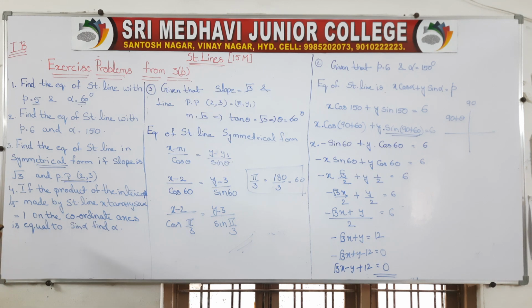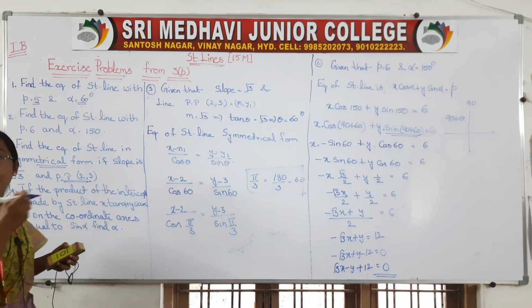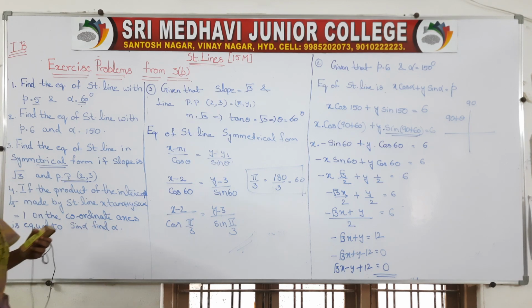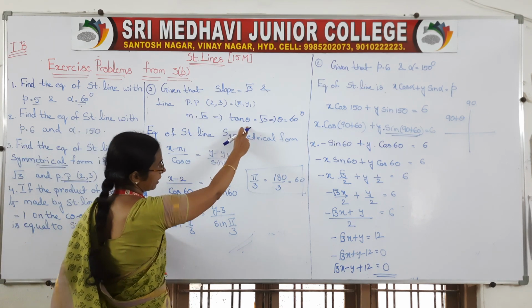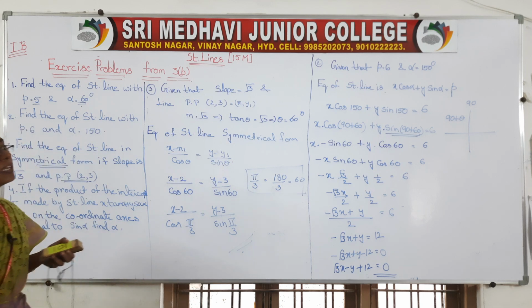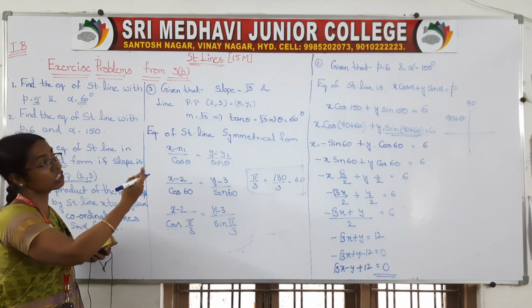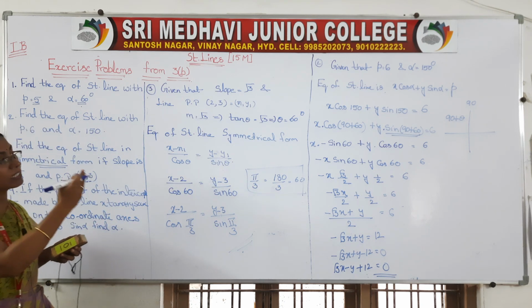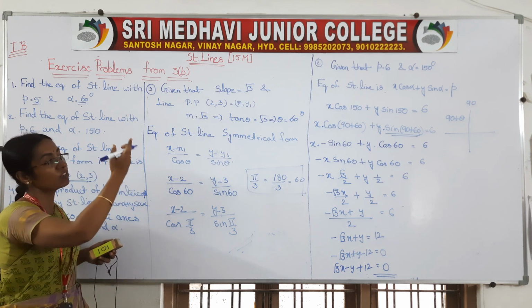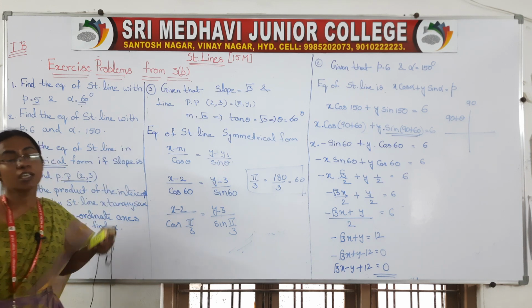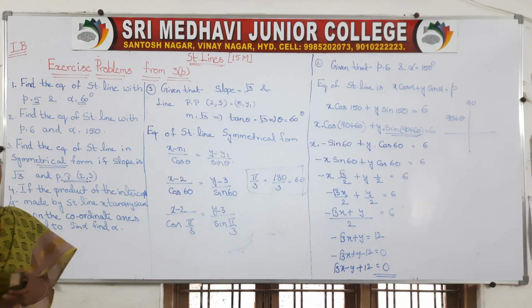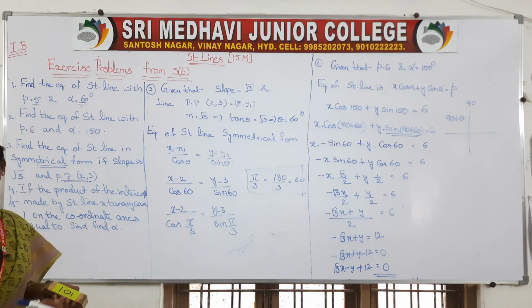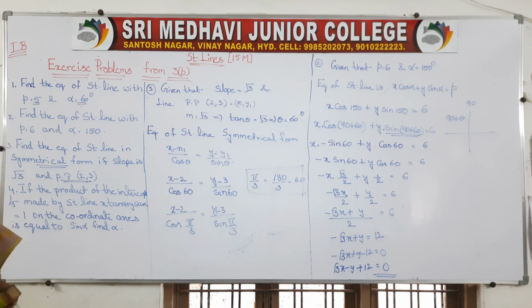Okay, so very simple. So slope is given to you. Whenever slope is given, it means indirectly angle is given. How? Slope is denoted by tan theta. So tan theta is root 3. So tan of which angle is root 3? Tan 60 is root 3. That's why we got our angle as 60. Slope is given in any question means indirectly the angle made by that line with the x-axis is given to us.